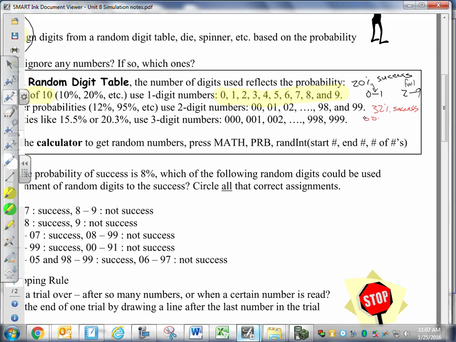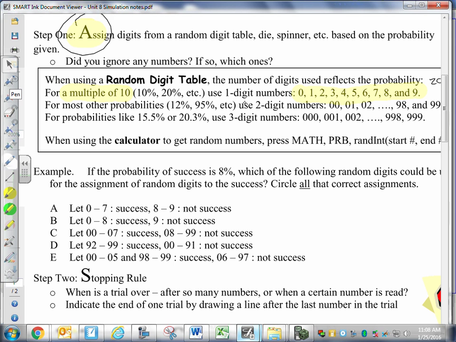I would go from 00 to 31. And I don't even have to go from 00 to 31. As long as I had 32 numbers between 00 and 99 that I'd say are a success, then you can use those numbers and all the other numbers would be fails. 32 through 99 would be a fail.